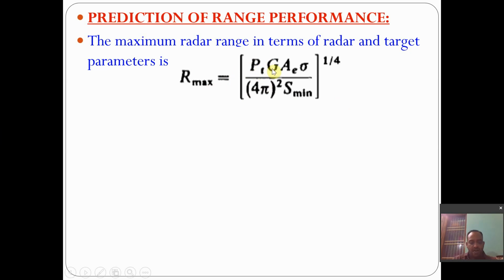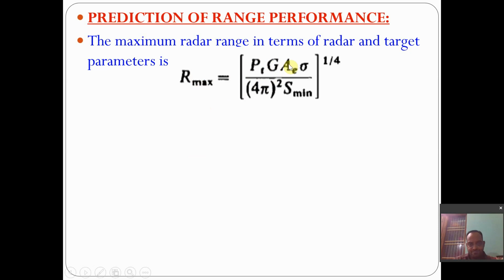Next, all the power transmitted by the radar should be concentrated in a particular direction. That means the antenna used for the radar transmitter must be highly directive. Using a highly directive antenna improves the radar range performance.